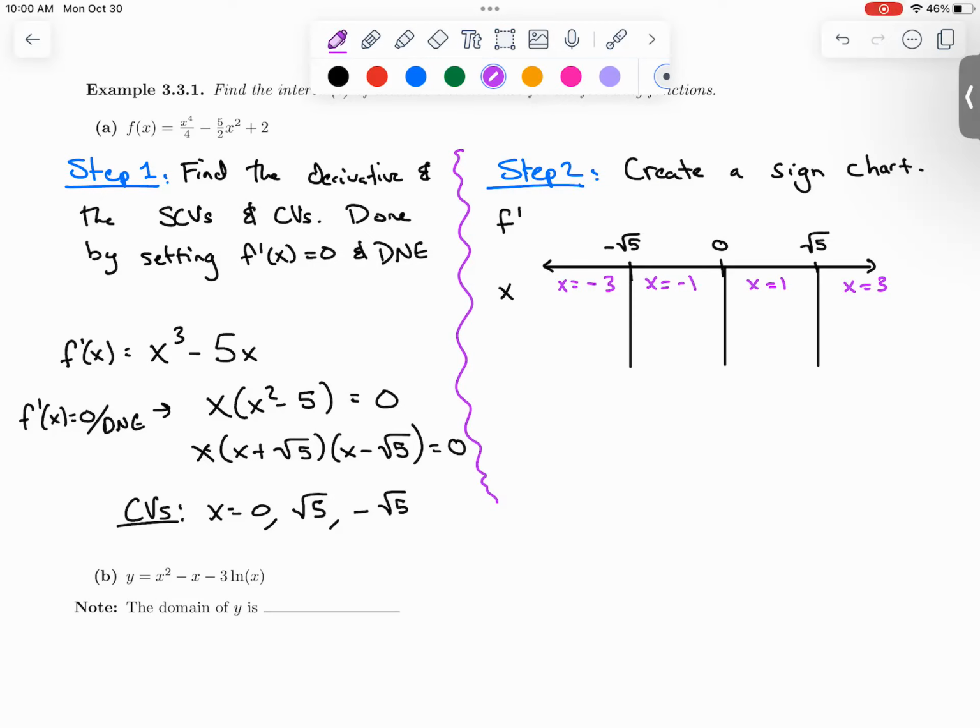But you can always use your handy dandy calculator, and the negative square root of 5 is -2.23. So as long as I find a number past that to the left, I'm good. If you really want to, you could write down x equals -3 million and test that value.